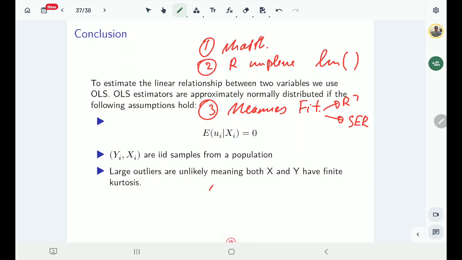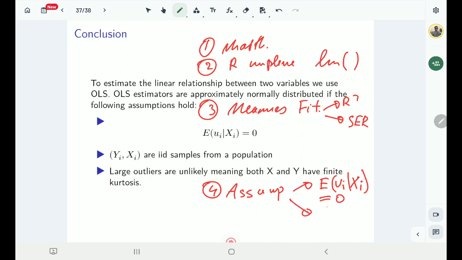And those assumptions turn out to be these things. First, the conditional expectation: the expectation of error terms conditional on x is equal to 0.